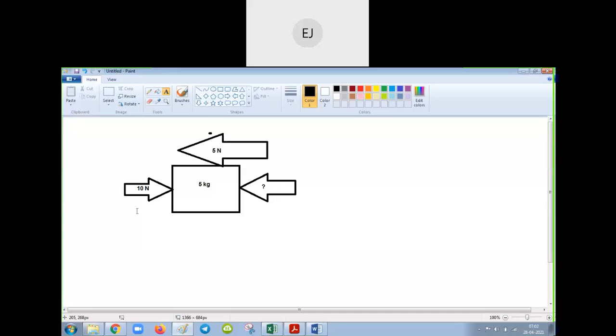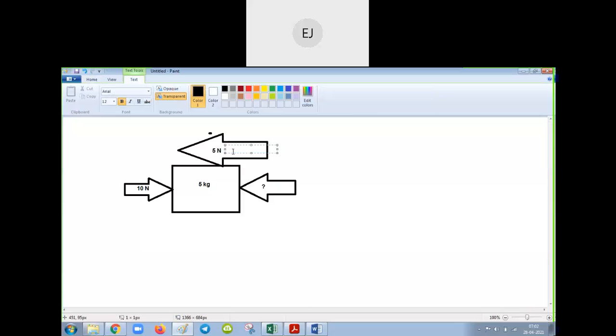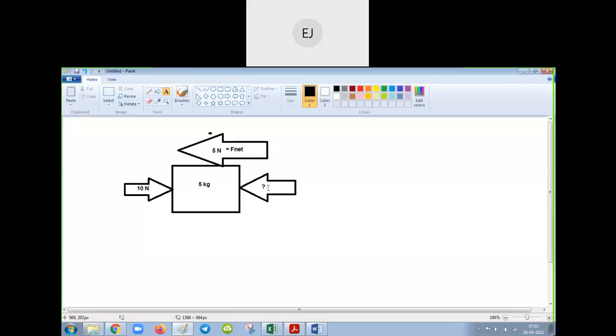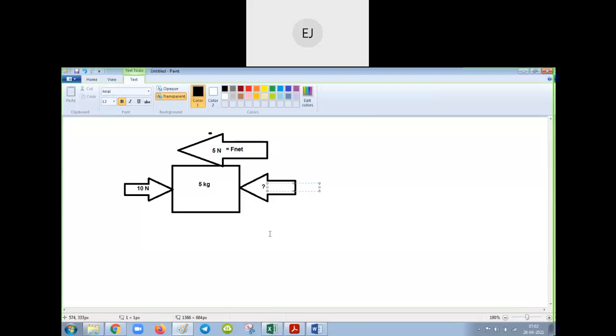Right side 10 Newton you are applying. Net force is given as F net is 5 Newton. So what should be this force, this question mark? 15.